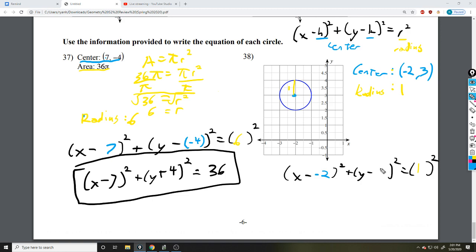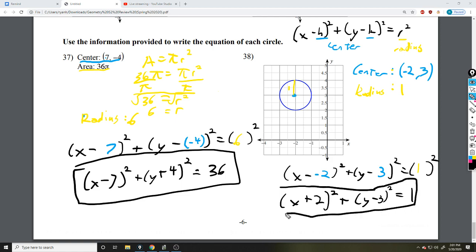And then we have y minus our y coordinate was 3. So then x minus a -2 will be x plus 2 squared. And then we have y minus 3 squared equals 1 squared is just 1. And there we are.